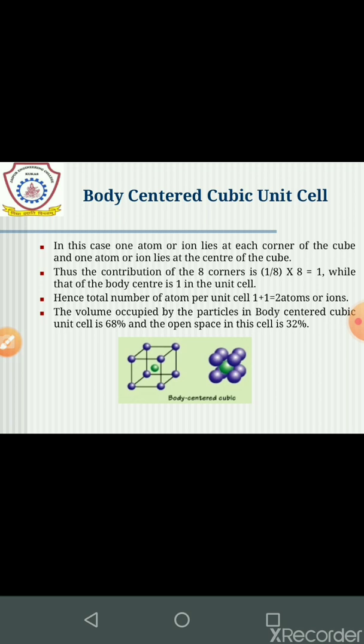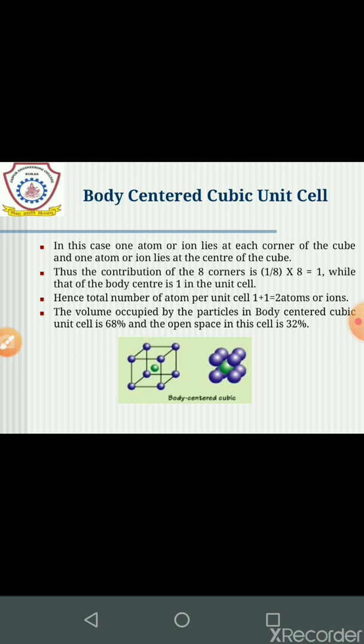Thus, the contribution of the 8 corners is 1, while that of the body center is 1 in the unit cell. Hence, the overall total number of atoms per unit cell is 1 plus 1 equal to 2 atoms or ions. One is due to the simple cubic, and another one is due to the body center.